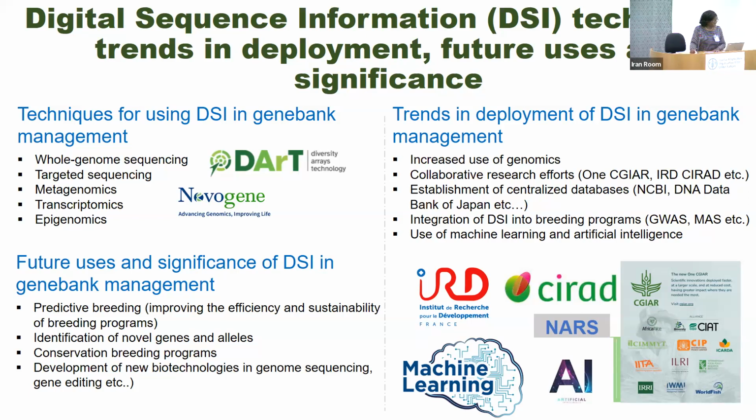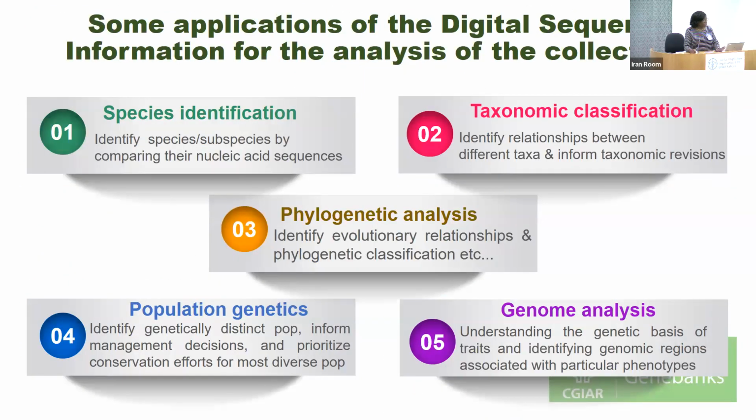You have the whole genome sequence, you have the targeted sequence, and you have different platforms that have been developed in the world that use this information. There are also several future uses of digital sequence information in gene bank management, in terms of predicting breeding, improving the efficiency and sustainability of breeding programs, identifying novel genes and alleles, or conservation.